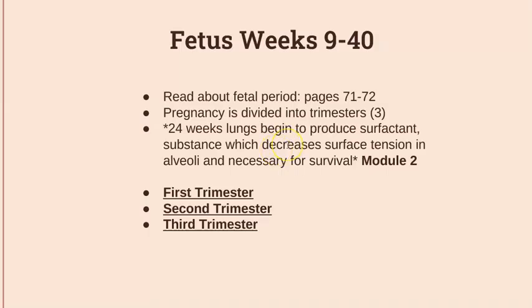Basically those lungs are filled with fluid because of the amniotic fluid in utero. So we'll talk about, when we see those preemie babies that are born at 23 and 24 and 25 weeks, how that affects them early on in life and how it can affect them further on.